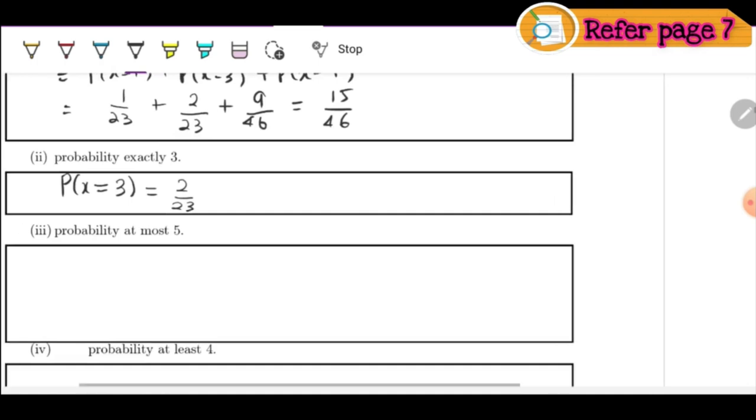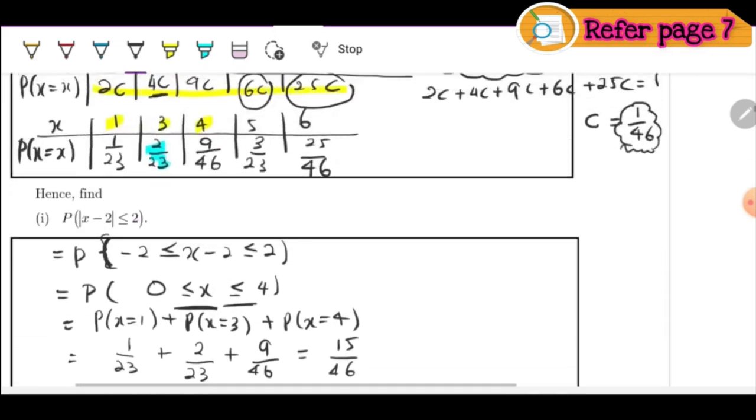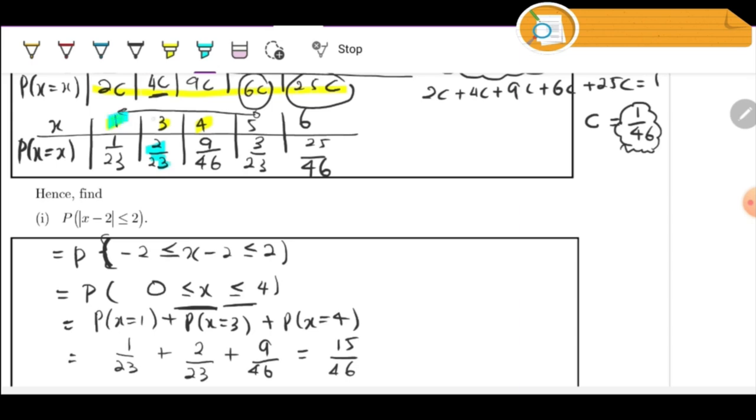Question number 3. Find the probability of at most 5. At most means x less than or equal to 5. That means the values are 1, 3, 4 and 5.